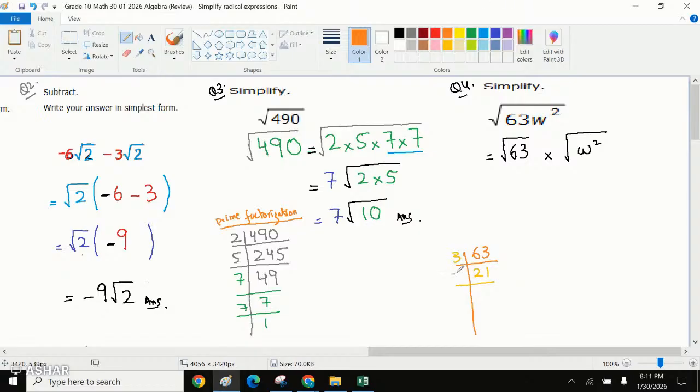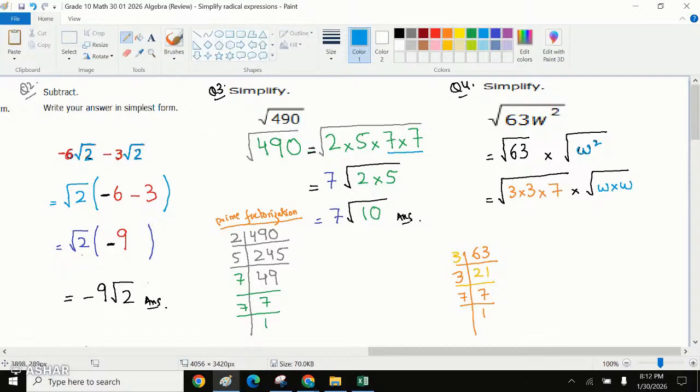Let's see if it can be divided by 3. 3 times 7. And we know that 7 times 1. So in place of 63, can we write 3 times 3 times 7, which is to be multiplied by radical of w squared. So w squared means w times w, right?